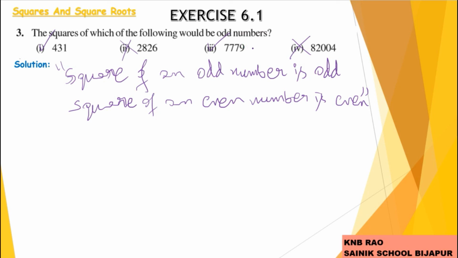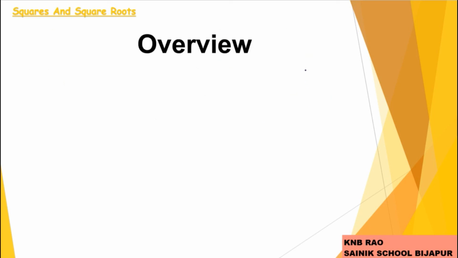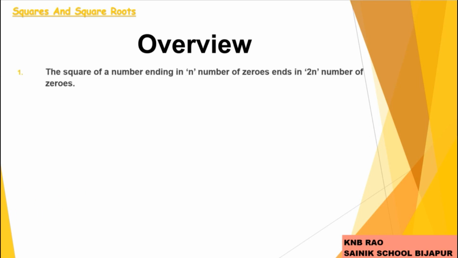So students, overall what we have learnt, we will see now. First one, the square of a number ending in n number of zeros ends in 2n number of zeros. One of the properties.